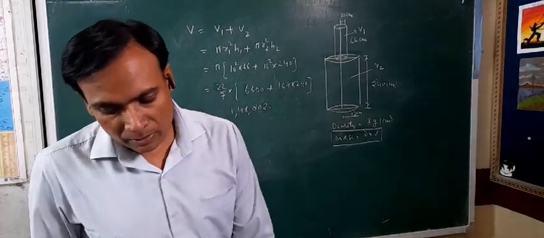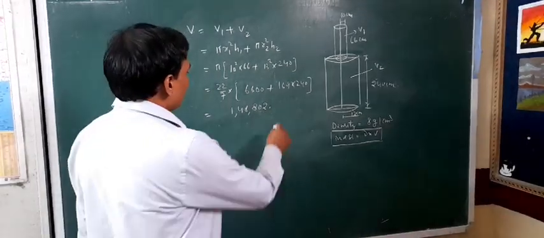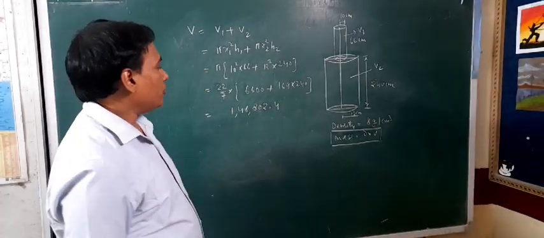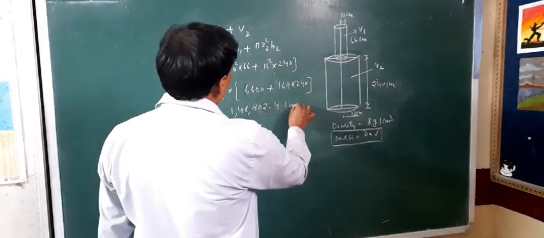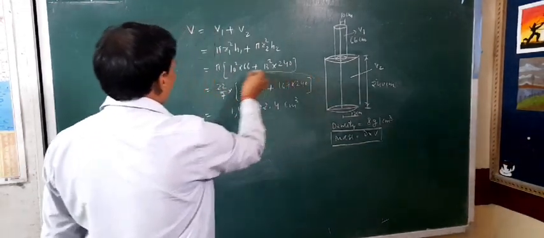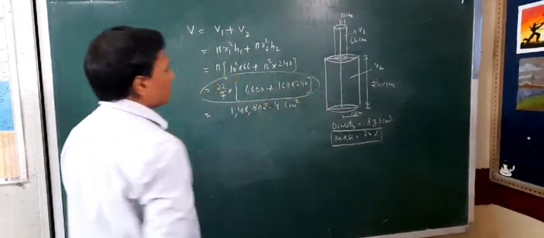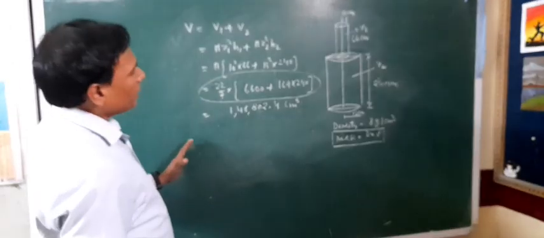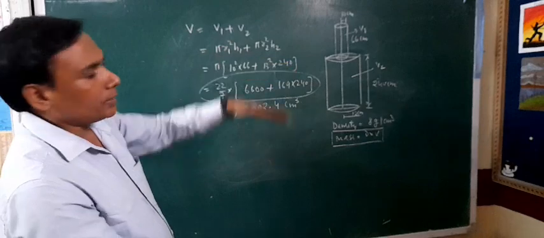So you can see that the volume we obtain here is 1,48,802.4 centimeter cube. It is the part of the calculation. You will do the calculation by yourself. Whatever volume you get, it is the combined volume of both figures.